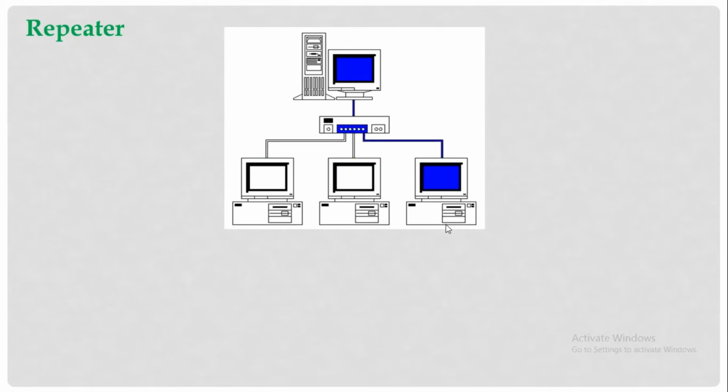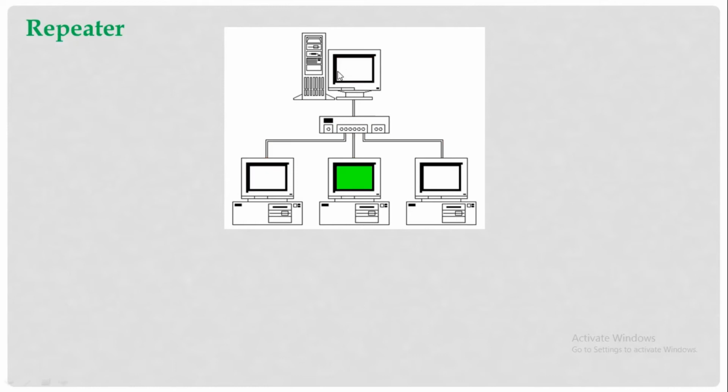So to boost or amplify the data, we can use a repeater. The operation of a repeater is that it simply receives the information, amplifies it, and propagates it to all the other systems connected to that particular repeater.